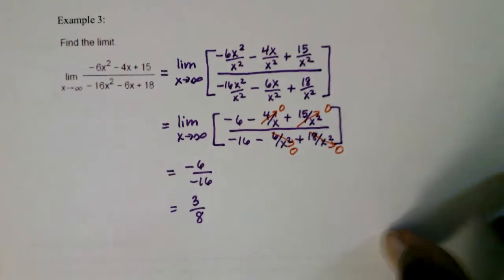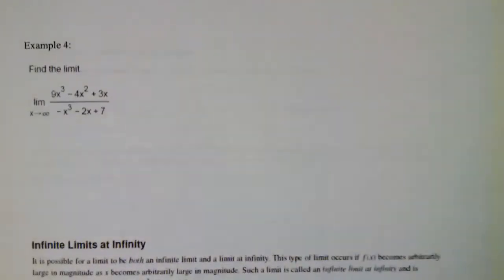All right, and here's one more of these. Let's say I want to find the limit of 9x cubed minus 4x squared plus 3x divided by negative x cubed minus 2x plus 7.